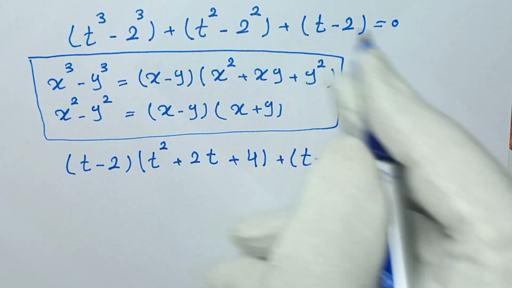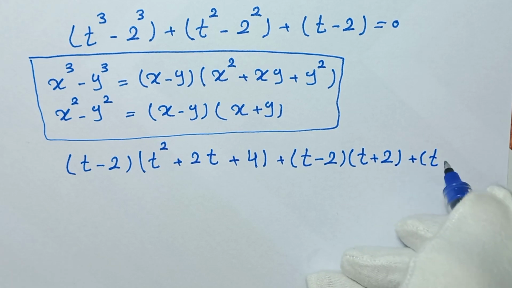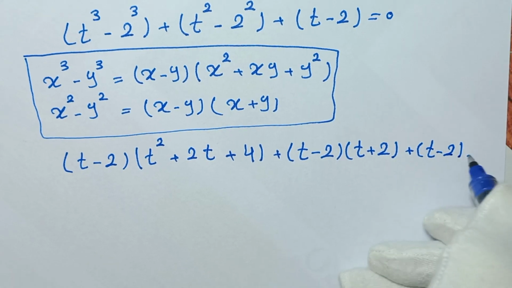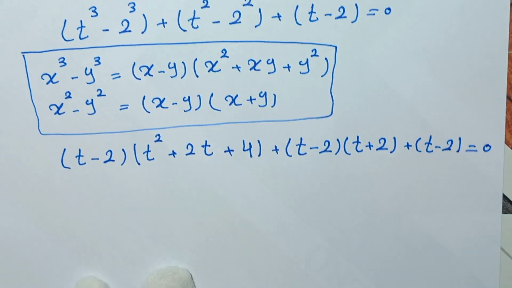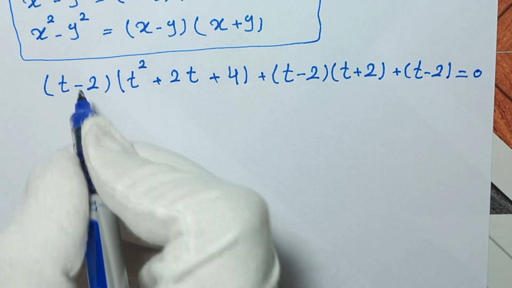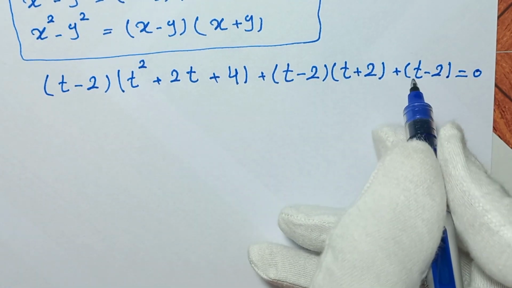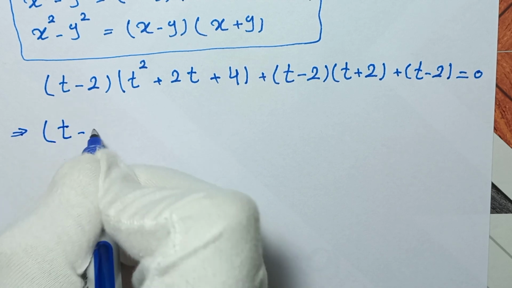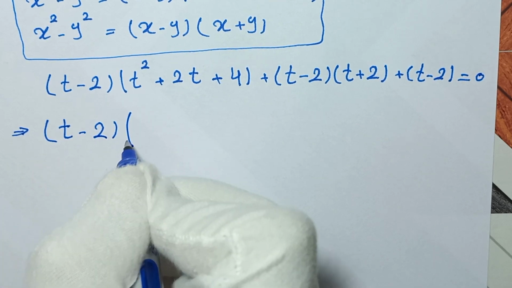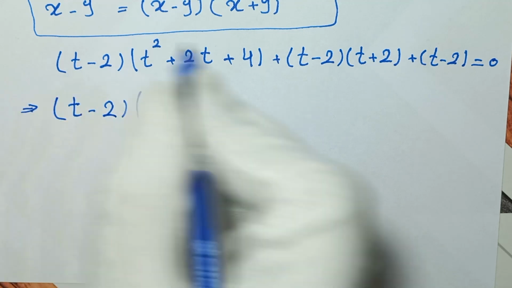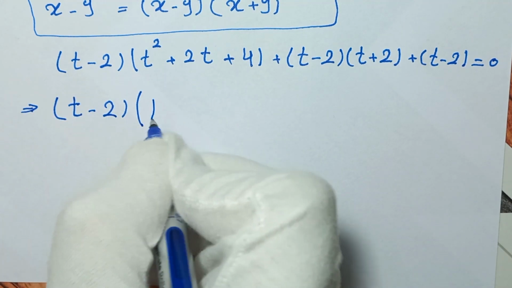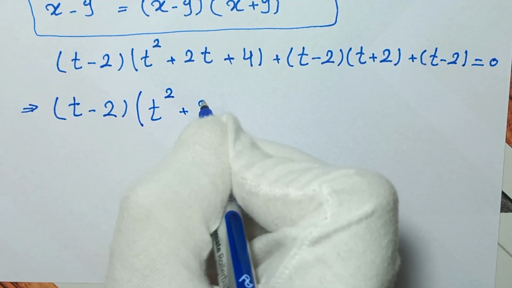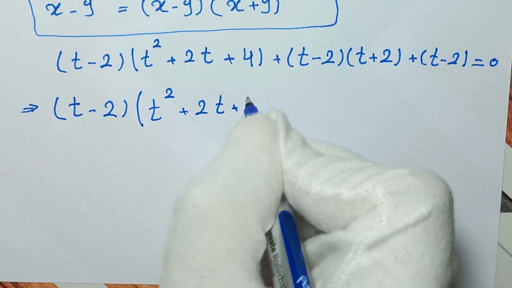And here we have t minus 2 plus t minus 2 is equal to 0. So, in the next step, t minus 2 is common, so we factor out t minus 2. And in here, this divided by t minus 2 will be t square plus 2t plus 4.